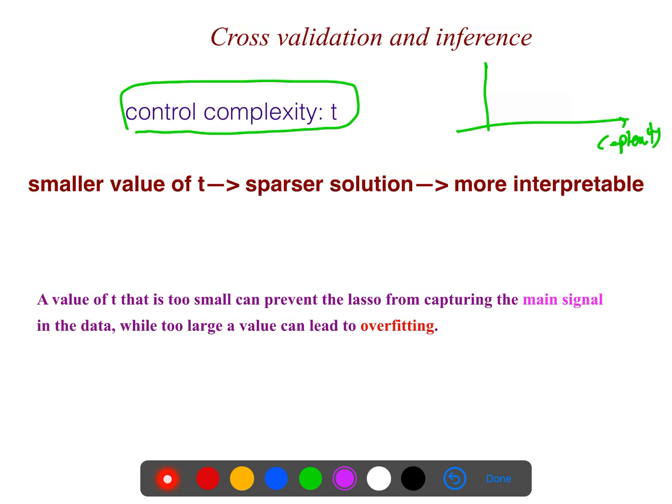In the bias-variance trade-off, this is the complexity, and we always reduce the bias, but the variance increases. That's why, if we add the bias and variance, that is the expected error. So this is the optimal solution that we are interested in.